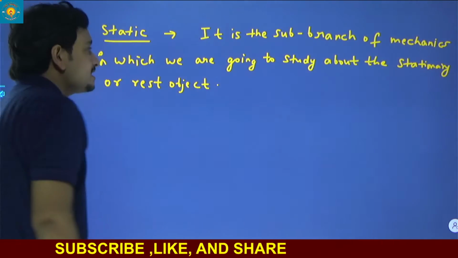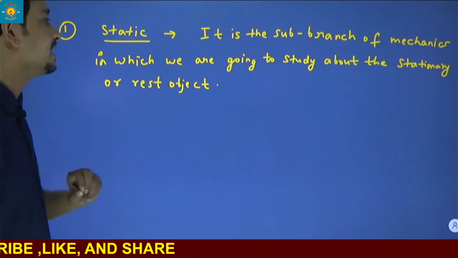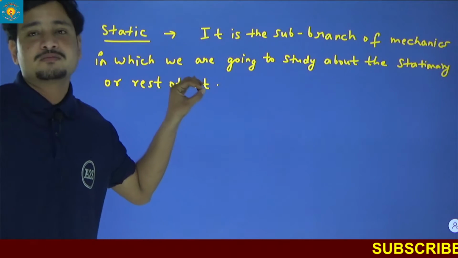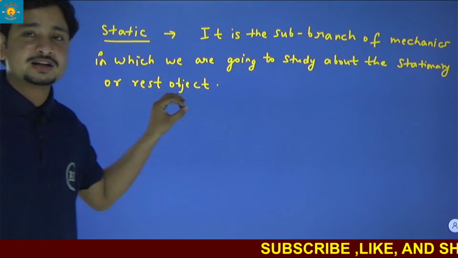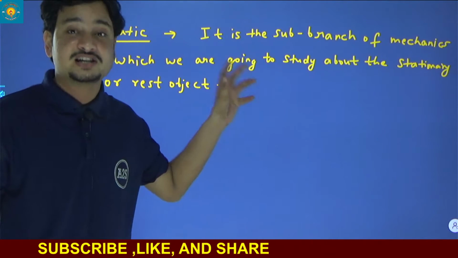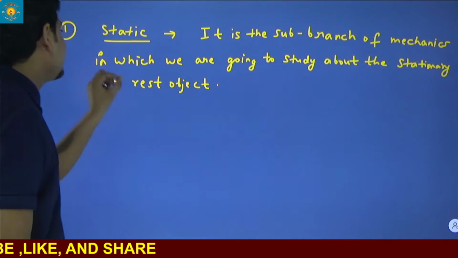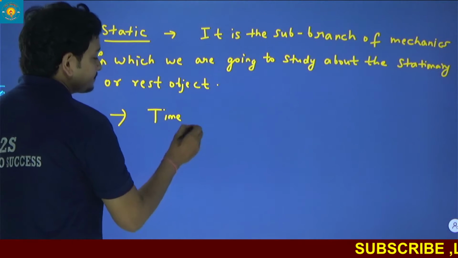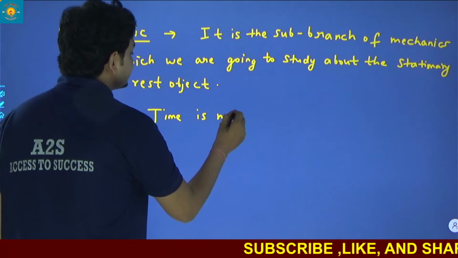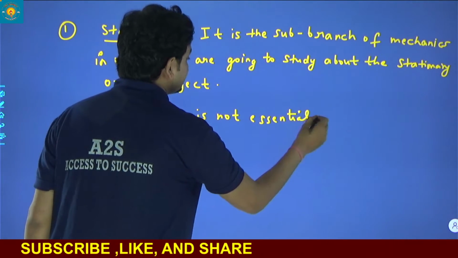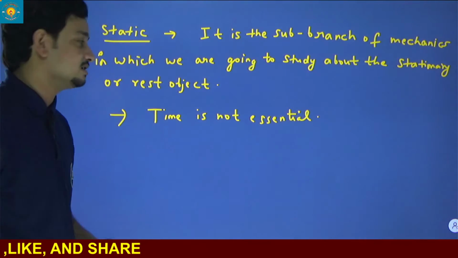Clear? So what is the statics sub branch of mechanics? It states that in this statics sub branch of mechanics, you are going to study those types of objects which remain in rest or stationary. Clear? In the statics sub branch, time is not essential. Clear? Time is not essential.